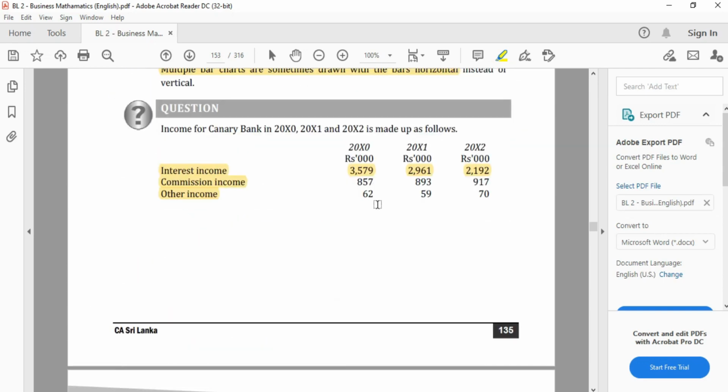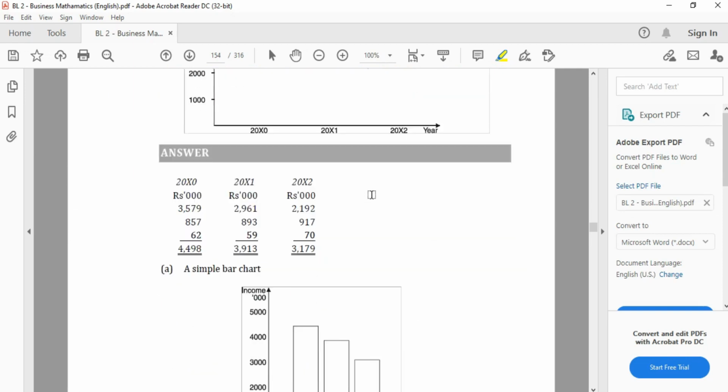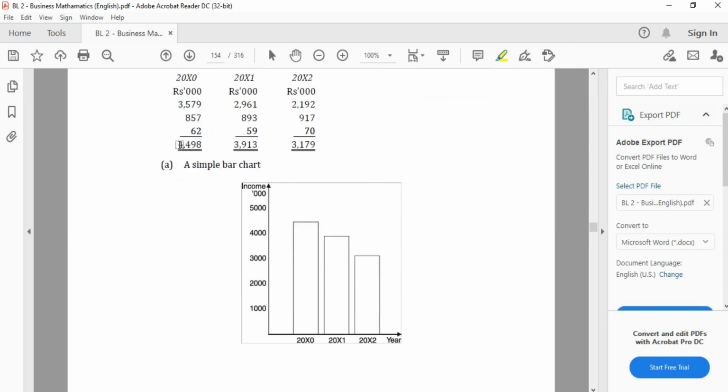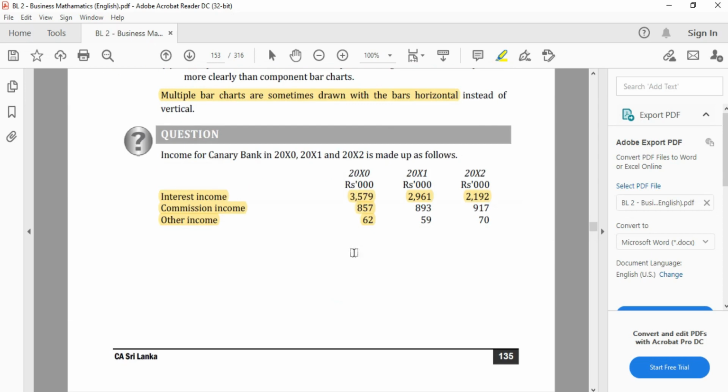So basically you will be showing 3579 plus 857 plus 62 total. You will be showing 4498 in your simple bar chart for year 2000. But in year 2001 you will show 3930. Year 2 you will show 3179. The vertical totals. That means total income for each year.